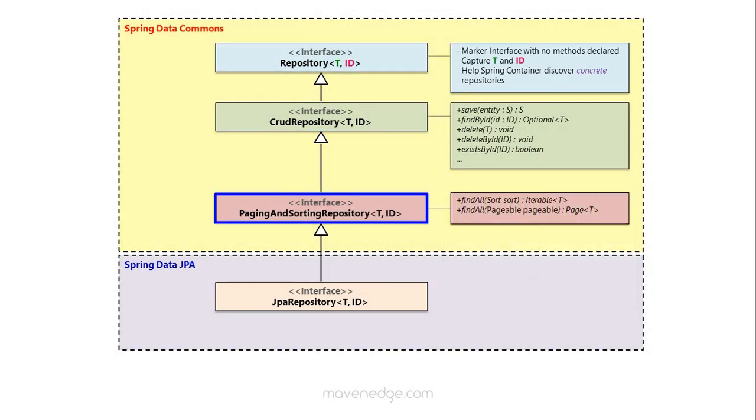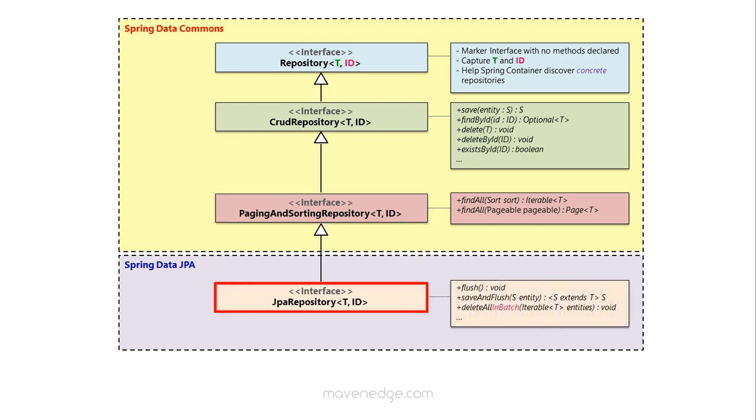And then we have this paging and sorting repository, which has methods that are used to sort and paginate entities that are retrieved from the database. And then finally, we have our JPA repository, which besides extending from the paging and sorting repository, provides some extra JPA-specific methods as well.